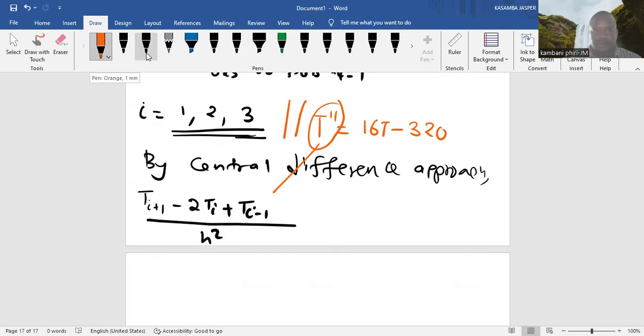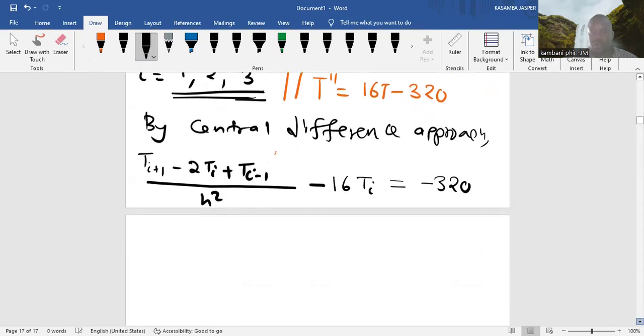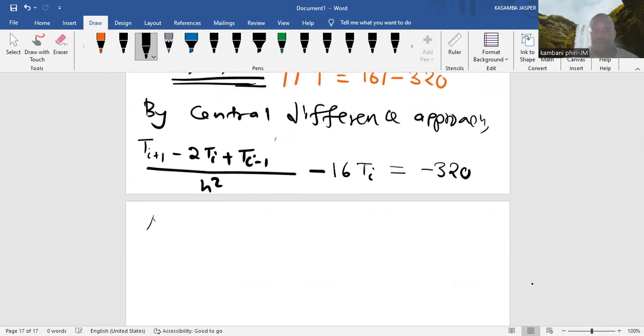So now we can proceed. Now for us to come up with an equation, it's better that all the variables are on the same side. So I can take T, the other side, 16T. So it becomes minus 16T(i). And this will be equal to negative 320. So you multiply throughout.